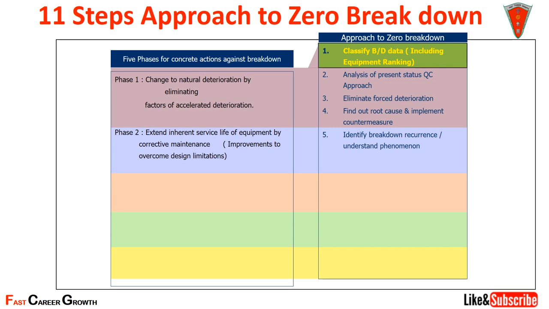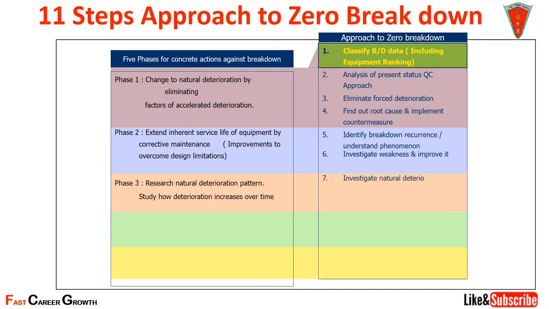So what is the third phase? Research the natural deterioration pattern, study how deterioration increases over time. For this third phase, the approach is to investigate natural deterioration and set the deterioration pattern.